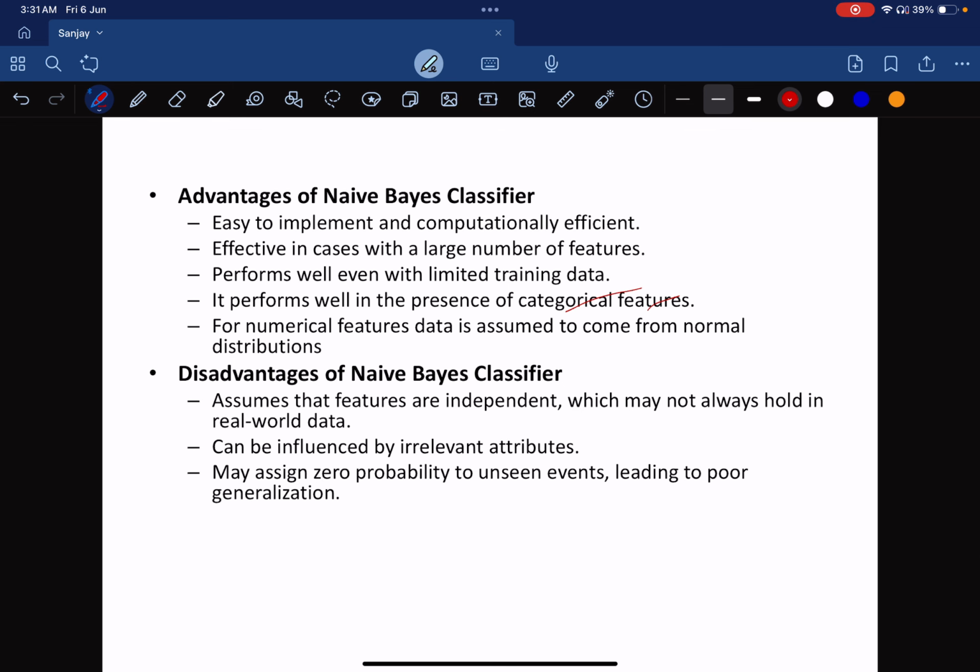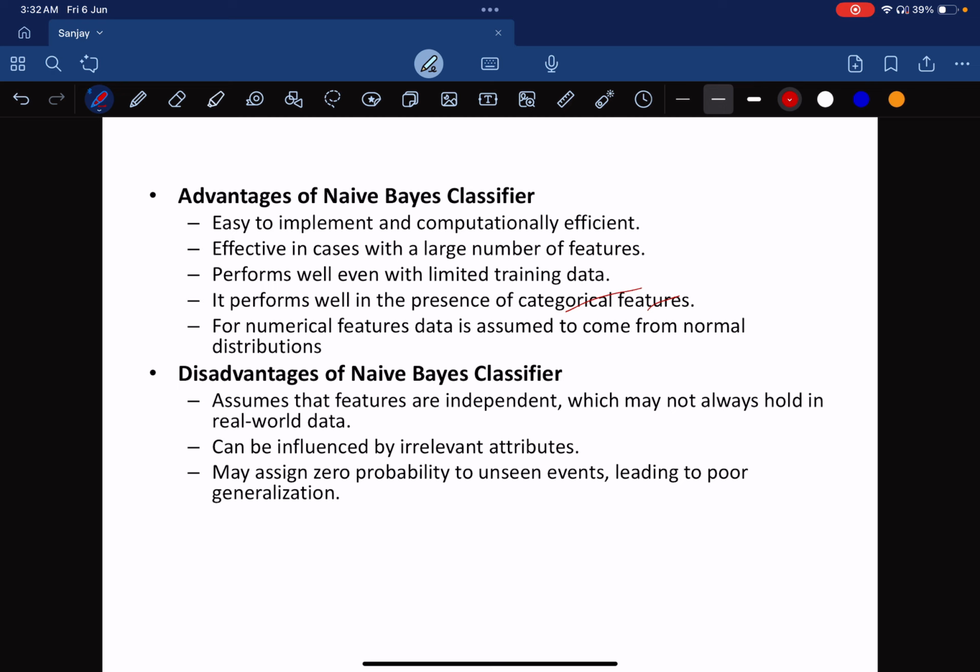And there are disadvantages also. It assumes that features are independent, but in the real world this may not always hold, and it can be influenced by irrelevant attributes like noise, or wrong data, and it may assign zero probability to an unseen event, which leads to poor generalization.